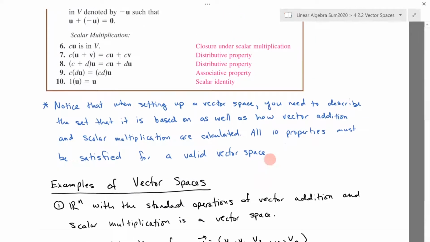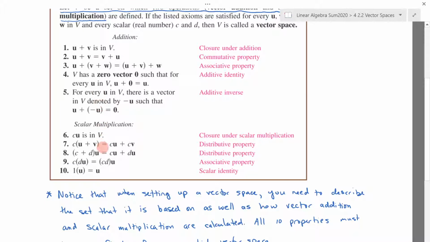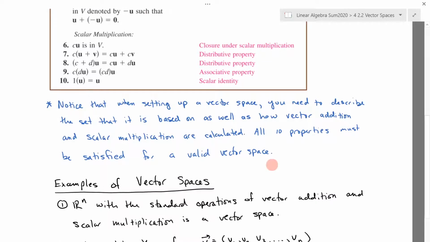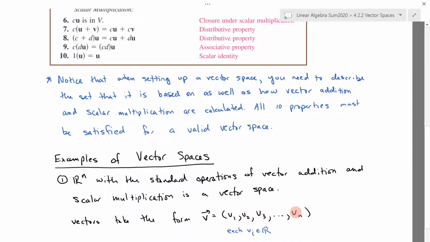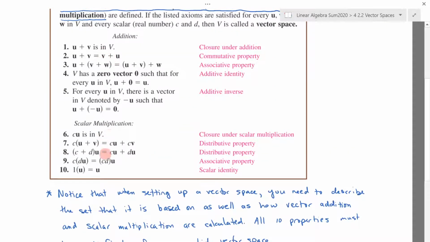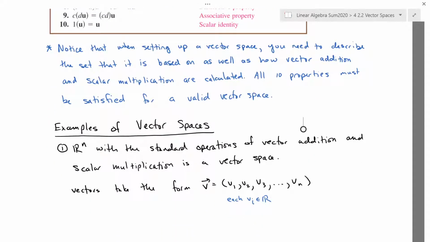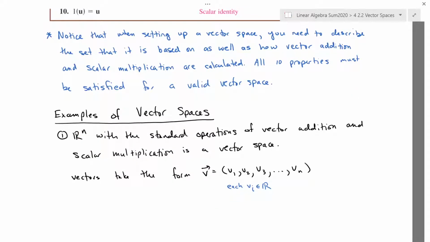I'm not going to go into detail, but essentially all the 10 properties are satisfied because the operations for vector addition and scalar multiplication are done coordinate-wise, and because each coordinate is a real number, the properties for real numbers carry over for the entire vector. Okay, so we've already discussed Rn, so let's look at other vector spaces.